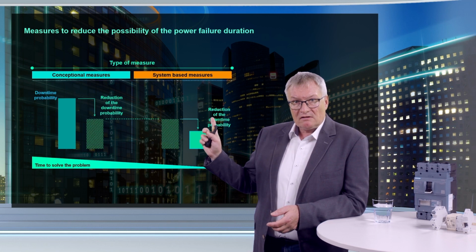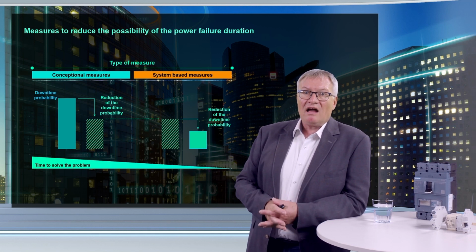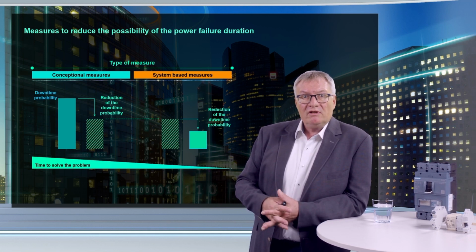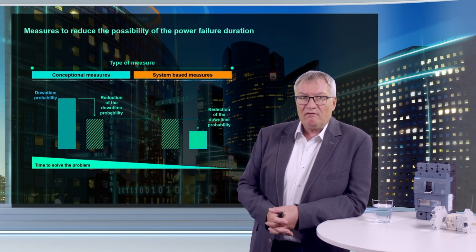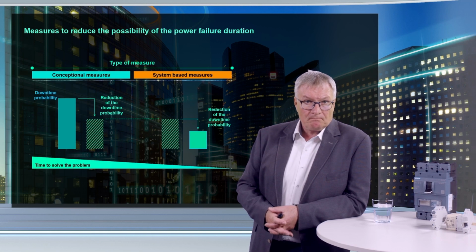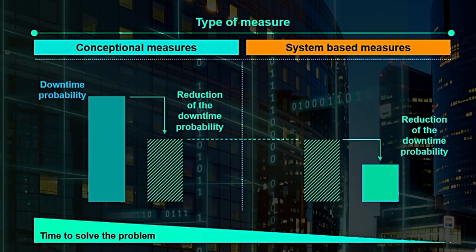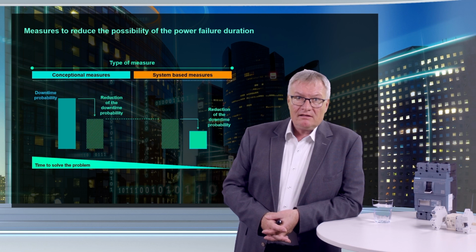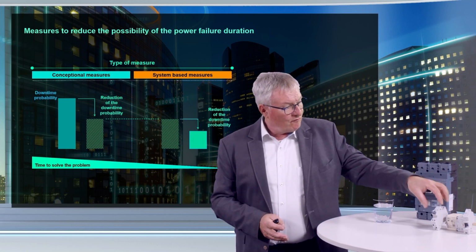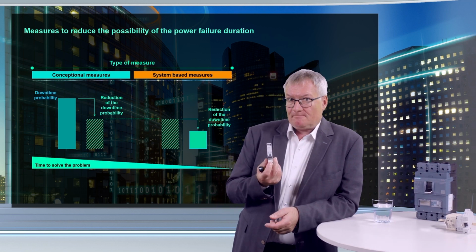System engineering measures such as manufacturer-integrated arc fault protection also reduce equipment downtime while at the same time increasing the personal safety of operating personnel. In addition, the integration of condition monitoring devices in the equipment offers new possibilities to prevent failures. I brought a few devices with condition monitoring. These protective devices differ externally only partially from conventional protection devices.